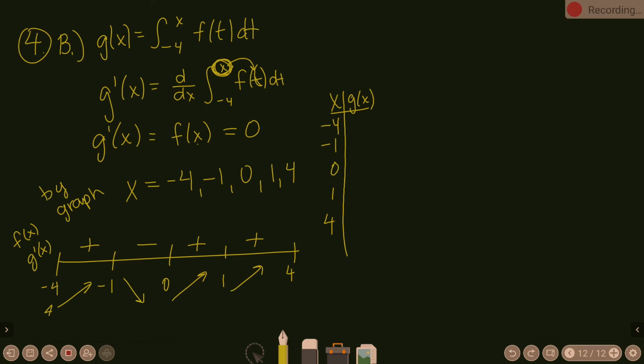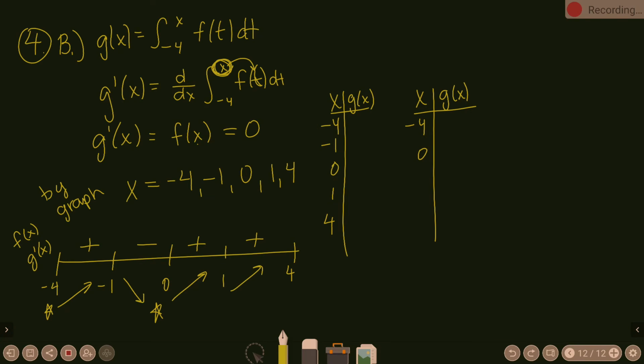Mins could occur right here or right here. And so if you look on my answer key, you will notice I did the candidates test, but I only used the candidates of -4 and 0, because -1 is going to be a max.